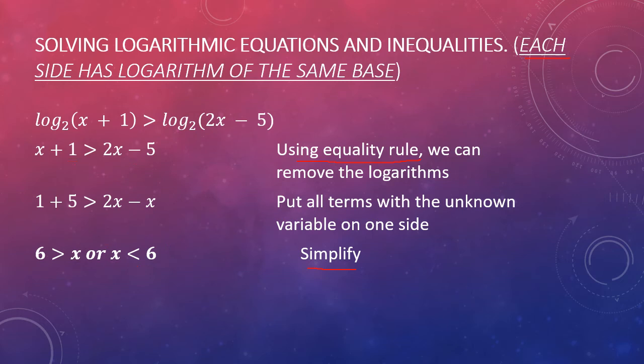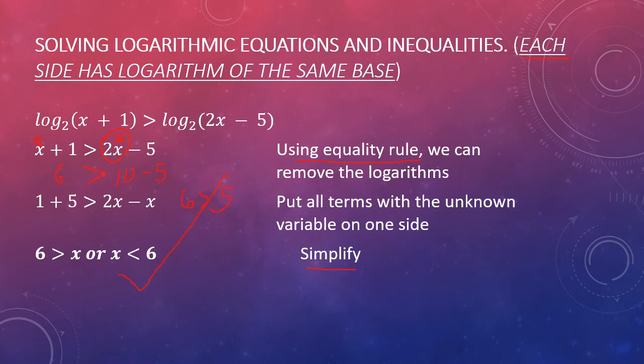Let's check if it satisfies the inequality. Our x should be less than 6. Let's say 5. So, let's replace this with 5. Sorry, I'm using the mouse. So, 5 plus 1 equals 6 is greater than 2 times 5, which is 10, minus 5. From that, we can see that 6 is greater than 5. So, our answer is correct.